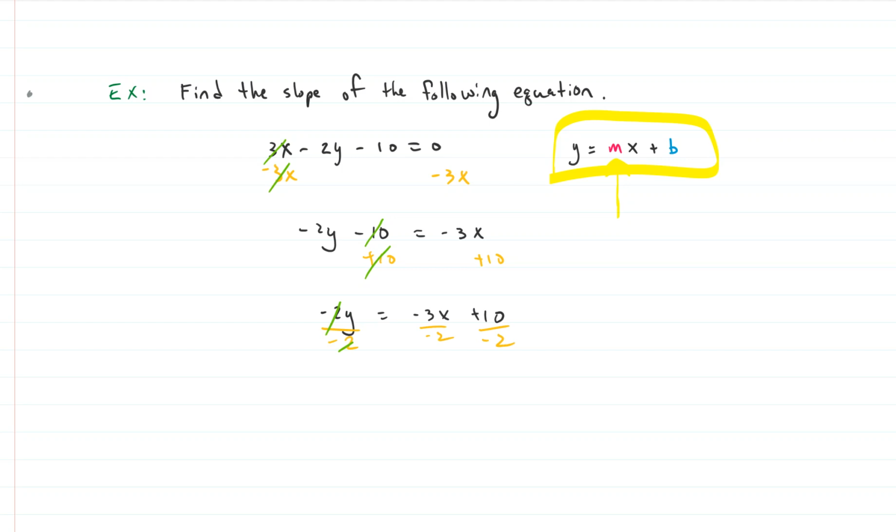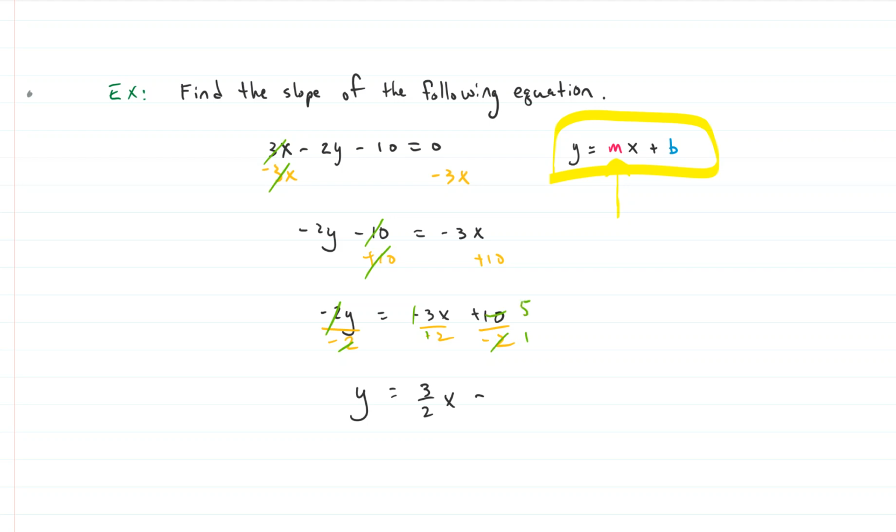And the negative 2's cancel around the y. And the negatives cancel also, the negative 3 and negative 2 on the x term. So that gives us 3/2 x minus, oh, we've got some canceling here too. The 2 can go to 1, and the 10 can go to 5.